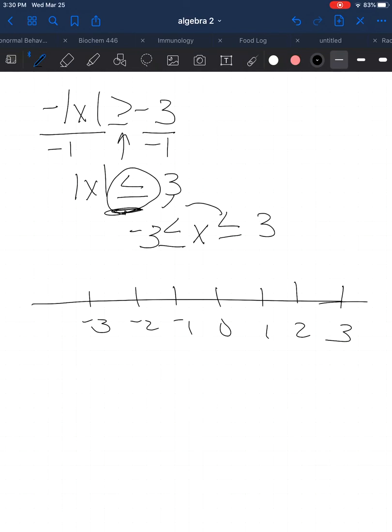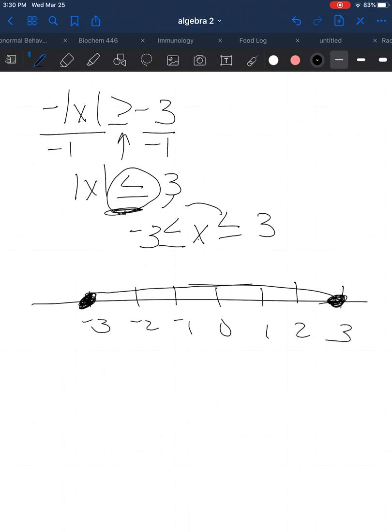I think this is the same as what we did just a few minutes ago. Let's see, less than or equal to, greater than or equal to, less than or equal to. So we're going to have closed dots on both of these. And the numbers are less than or equal to positive 3 and greater than or equal to the negative 3. So they just come together. That's what makes it a conjunction.